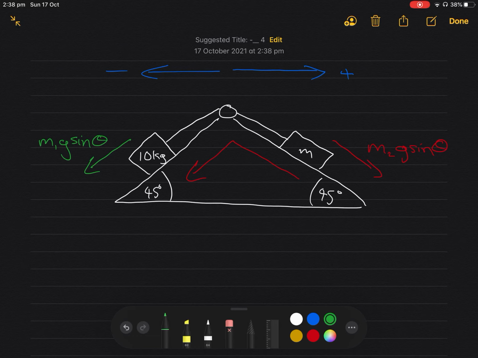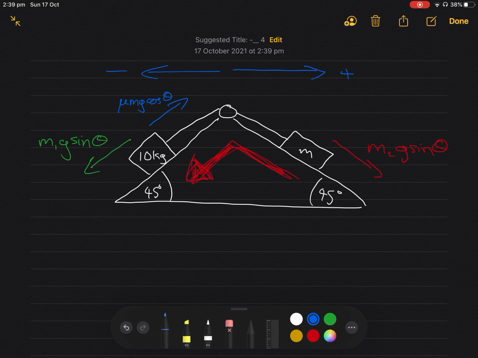Now, friction in this case, because you've got to remember this whole idea of the whole system wanting to go in that direction, friction always opposes the motion. So we're going to have a friction force in this direction, which is mu m g cos theta.